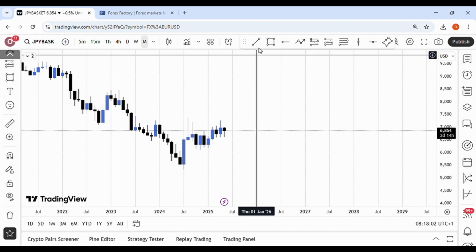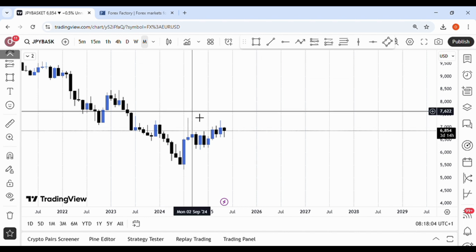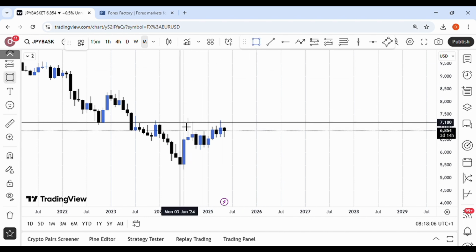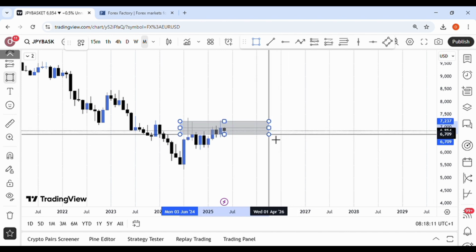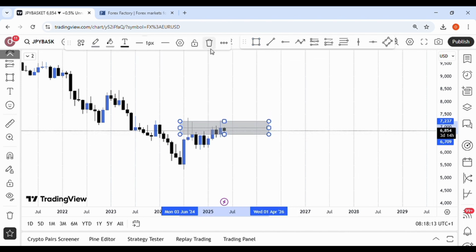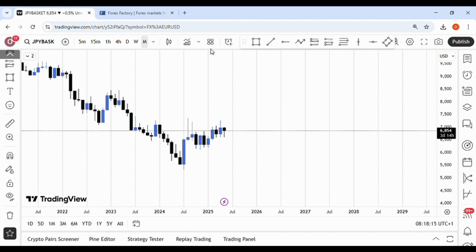What do you have here? You can see our rejection blocks over here. All of this can be seen as a rejection block. Price is already trading inside a rejection block in our monthly time frame.